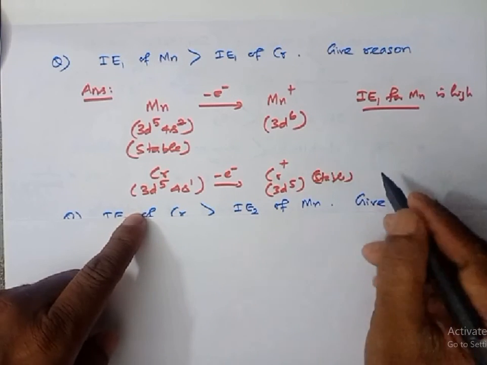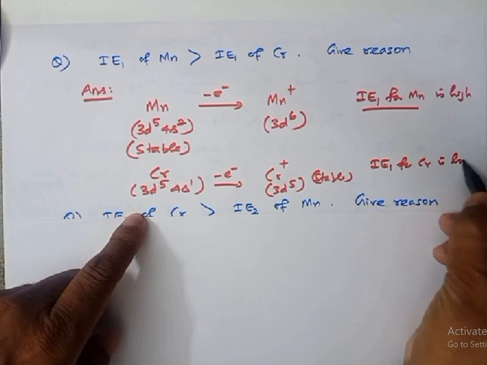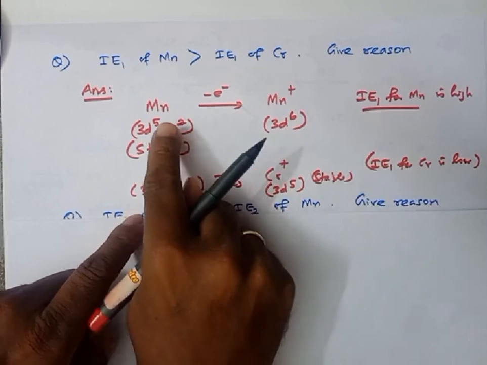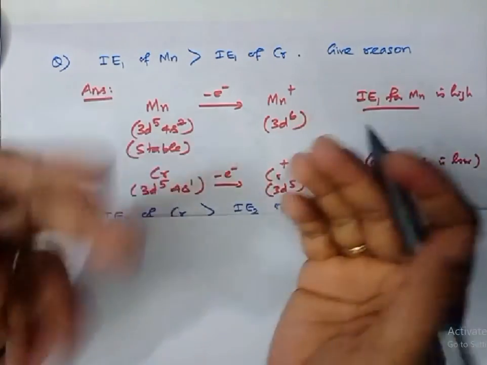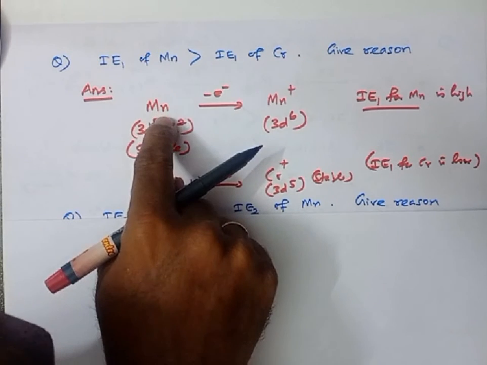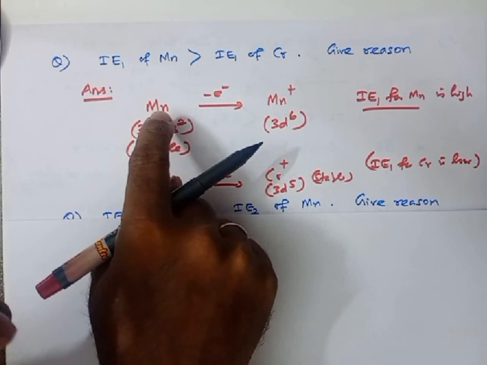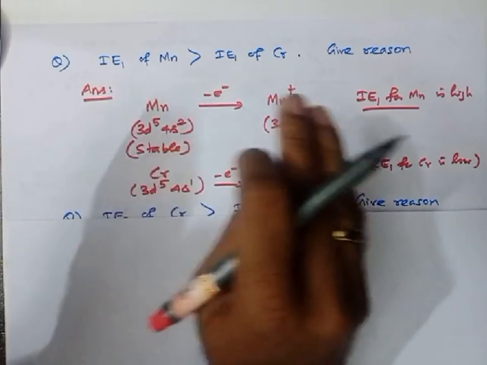That is the reason why the first ionization energy for chromium is low. Whereas here, if you remove an electron, I am getting 3d6, which is not very stable compared to this. So you are converting a stable atom into a less stable ion. It is a difficult process.